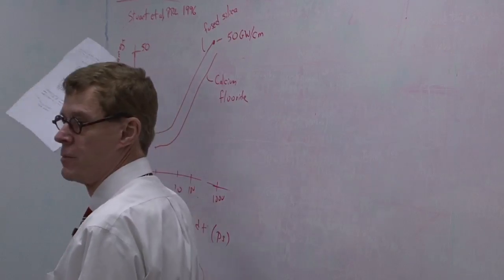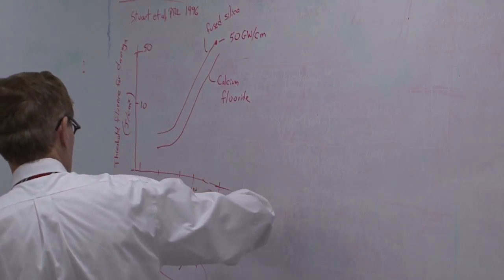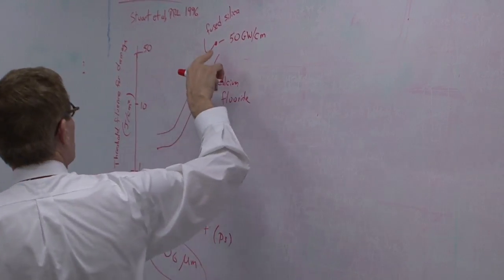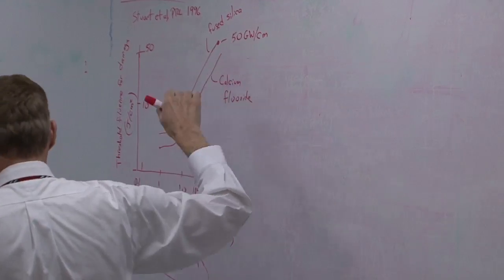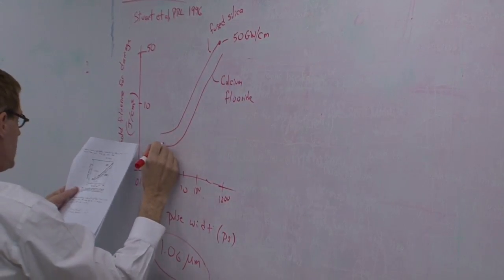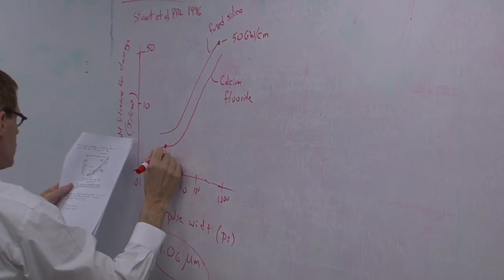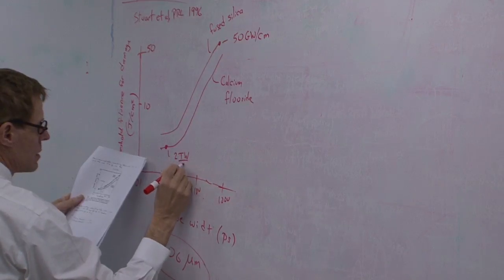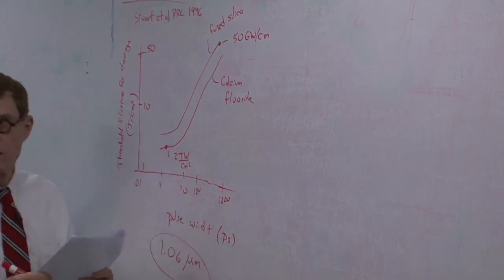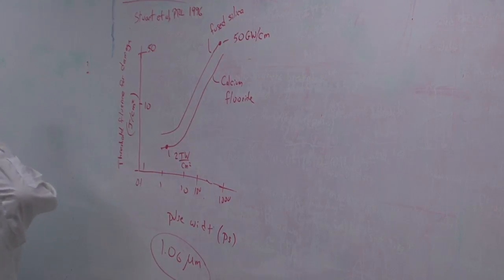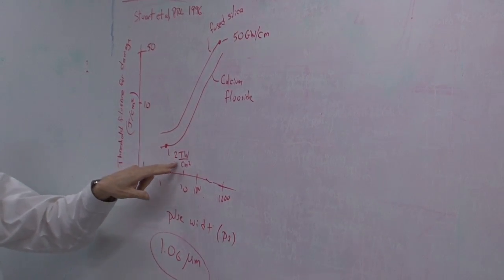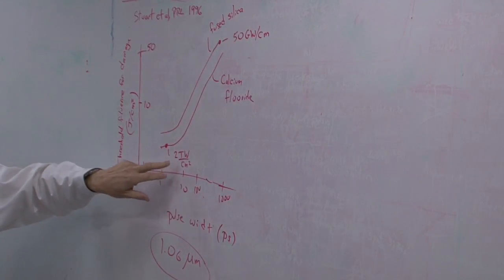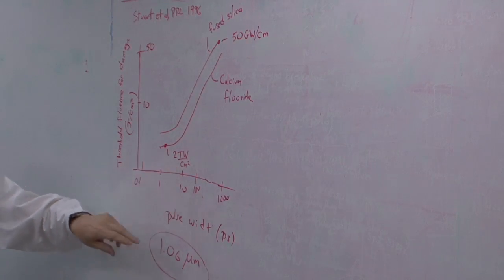I have the real plot in the book. So for 1 nanosecond, 50 joules is an intensity of 50 gigawatts per square centimeter. And down here, this one was 2 terawatts per square centimeter. So those are numbers to keep in mind: damage thresholds can be in the many gigawatt to terawatt range per square centimeter.